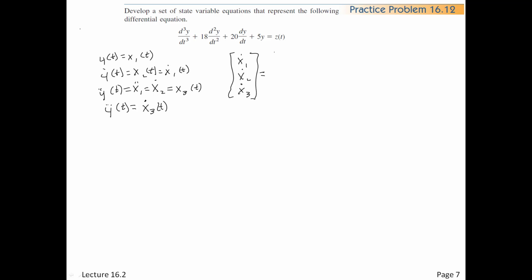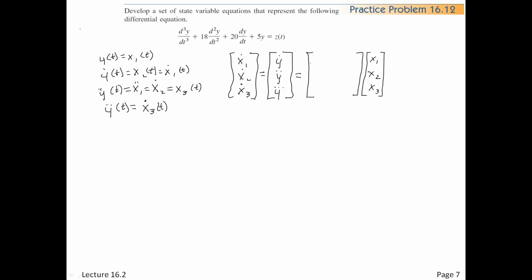We're really talking about our state variable equations, so we're going to have y dot, y double dot, y triple dot. Just a reassignment: here's going to be my A matrix, and over here will be x1, x2, x3.